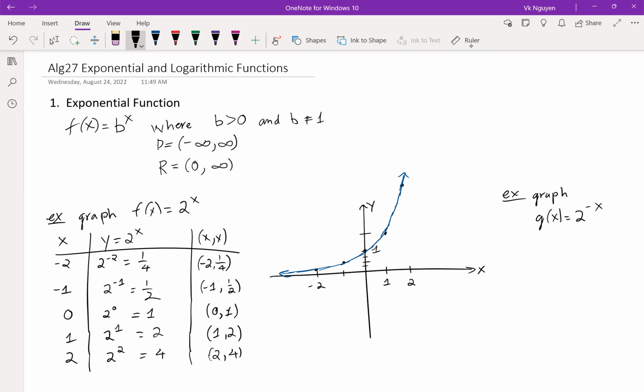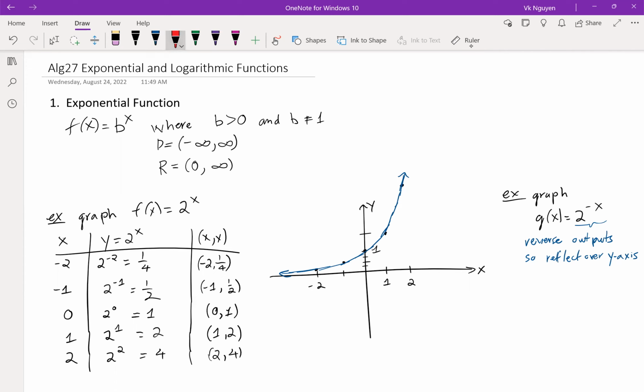So the graph of g(x) would reflect over the y-axis, reverse output, so reflect over the y-axis. And ta-da!